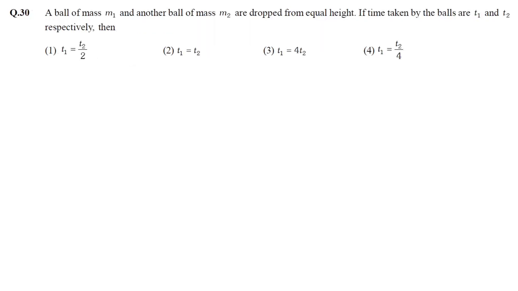Okay, now see the next question, children. A ball of mass m1 and another ball of mass m2 are dropped from equal height. If the times taken by the balls are t1 and t2 respectively, then here you must remember one very important point: the time of fall is independent of the mass of the body.